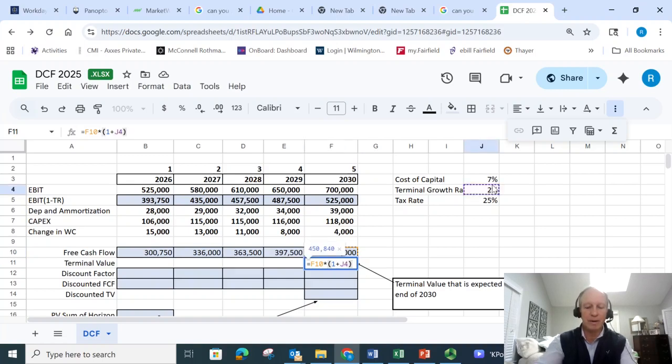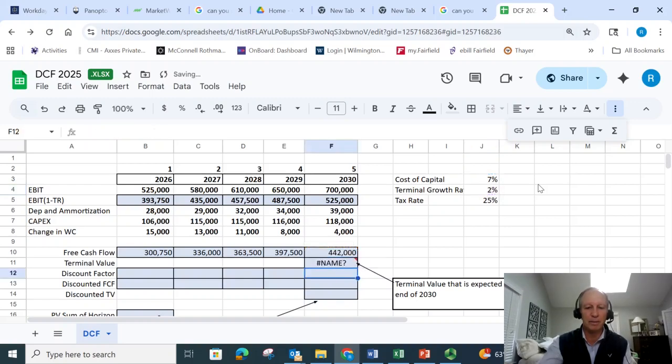And I'm going to divide that by R minus G. The weighted average cost of capital, and in this case I'm just assuming a 7% number. For a lot of firms it's going to be higher than that. This is a steady firm, so we're going to leave it at 7% minus the terminal growth rate, G, close paren. Oops, I messed that up. My apologies. Get rid of that X.